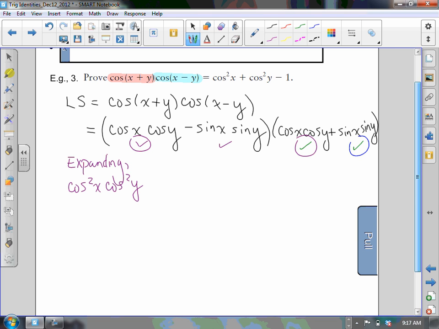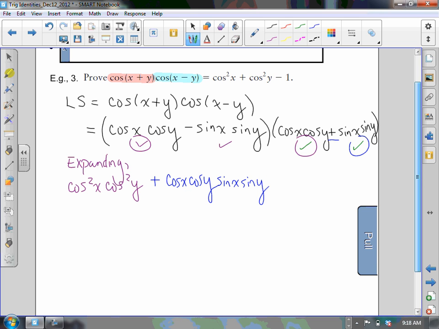So we'll have cos x cos y, and that's positive, given the positive sign here, times sine x sine y.